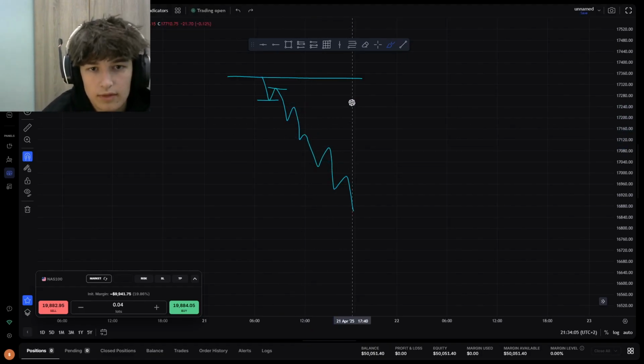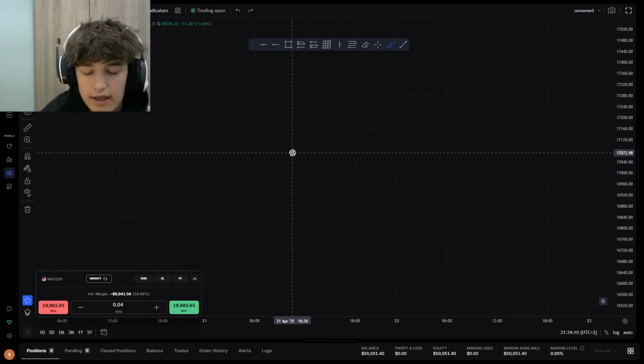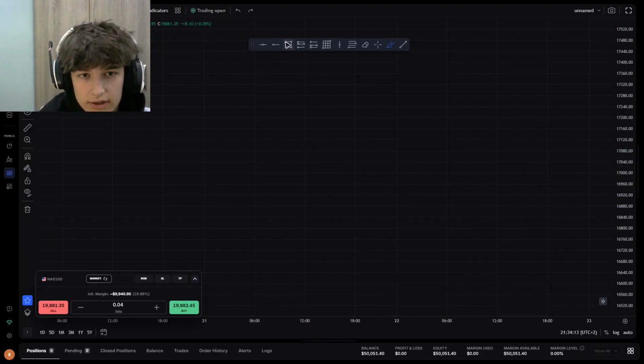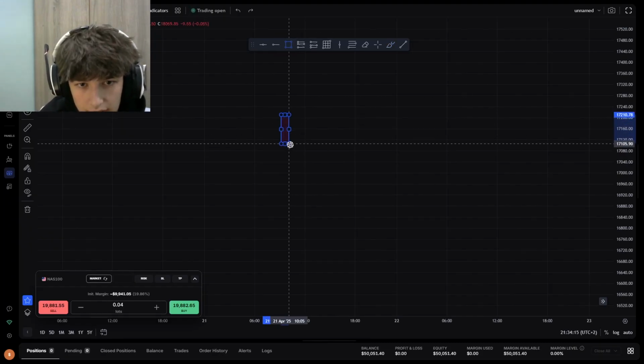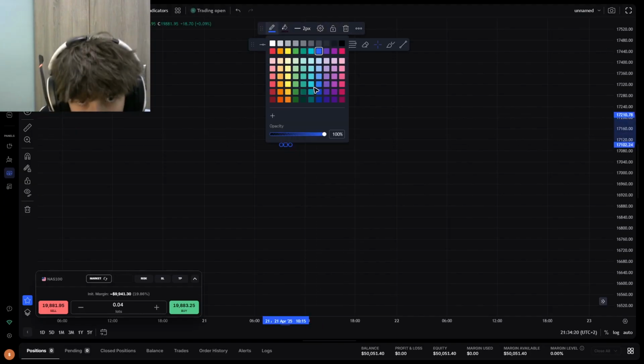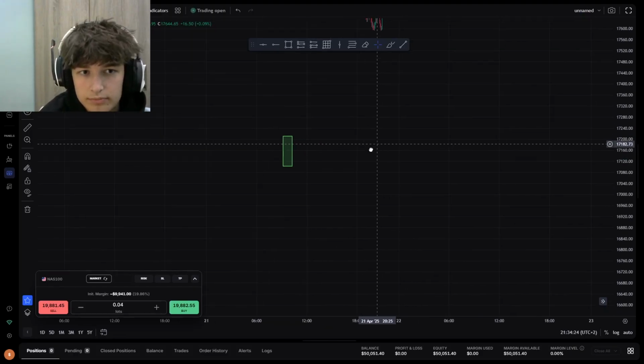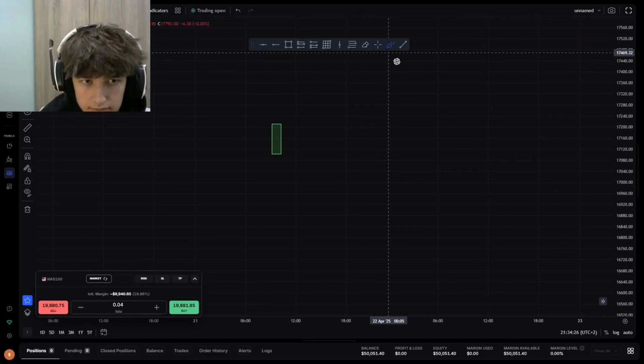So let's spot a high. So what's a high? It's made up of two candles. So I'll do it right here for you guys. This will be our bullish candle, which will be green for me. You can modify your chart colors, but whatever.